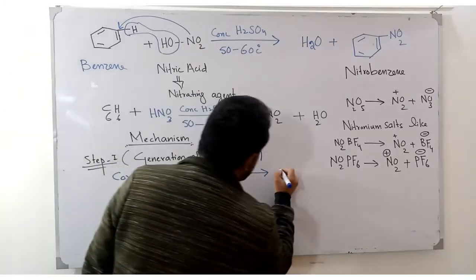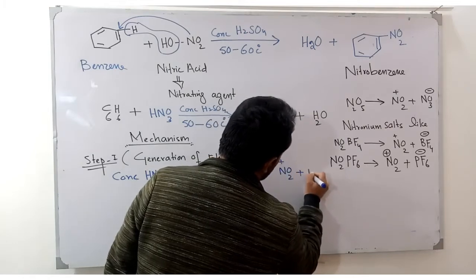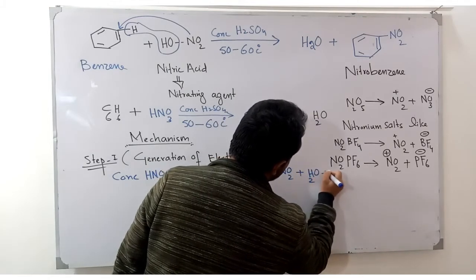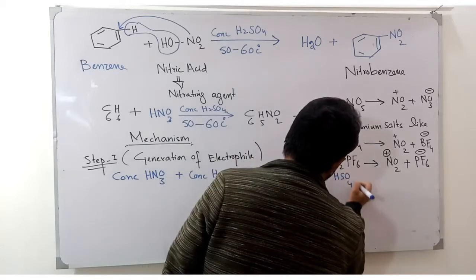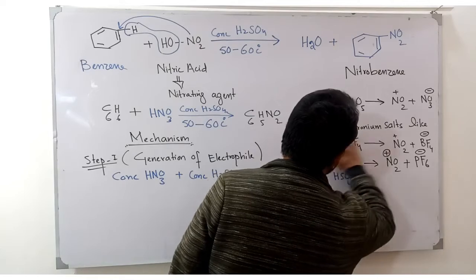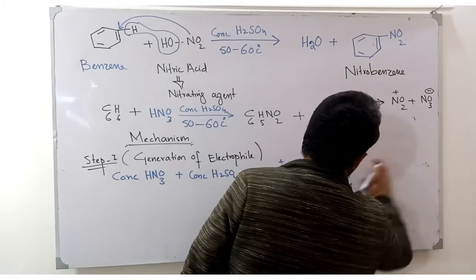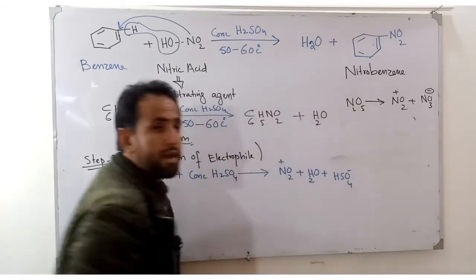One of them will be the nitro group, NO2 positive, the other will be H2O, and the last one will be HSO4 minus. This is hydrogen sulfate, or bisulfate ion.